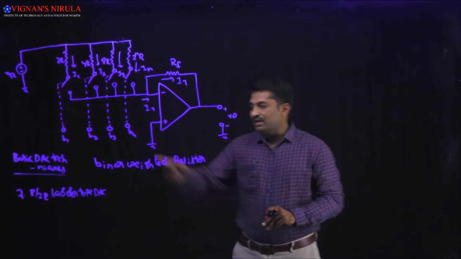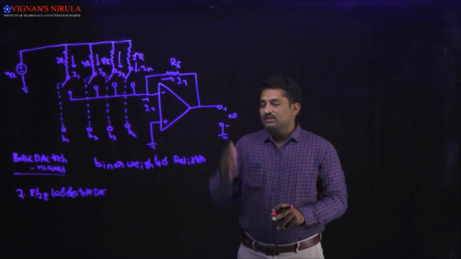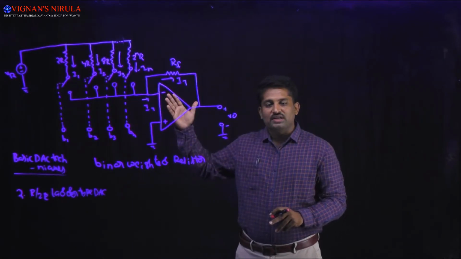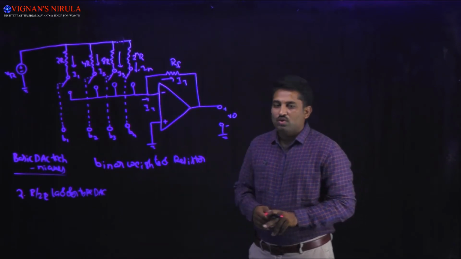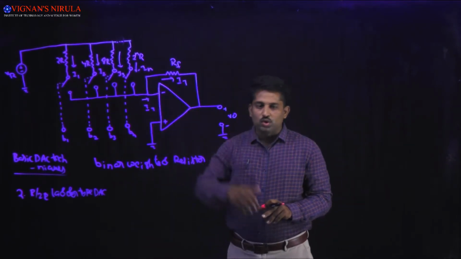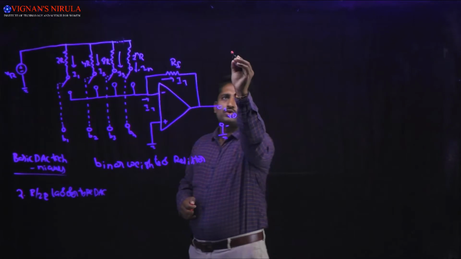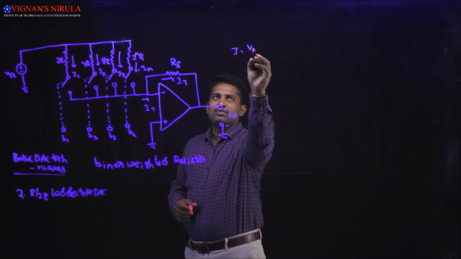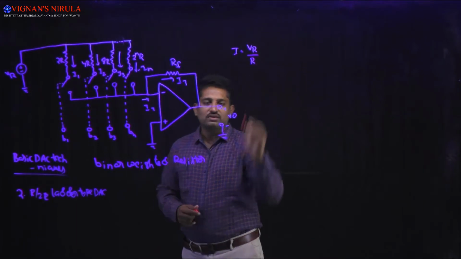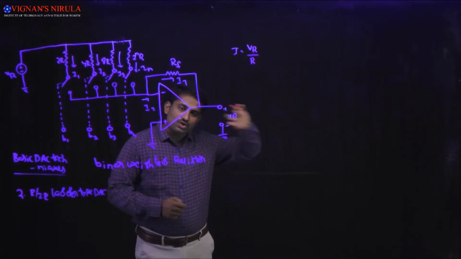Whenever the binary input is 0, the switch is open and it leaves the resistor open. Whenever the switch is closed, the current produced is calculated as I is equal to VR divided by R.